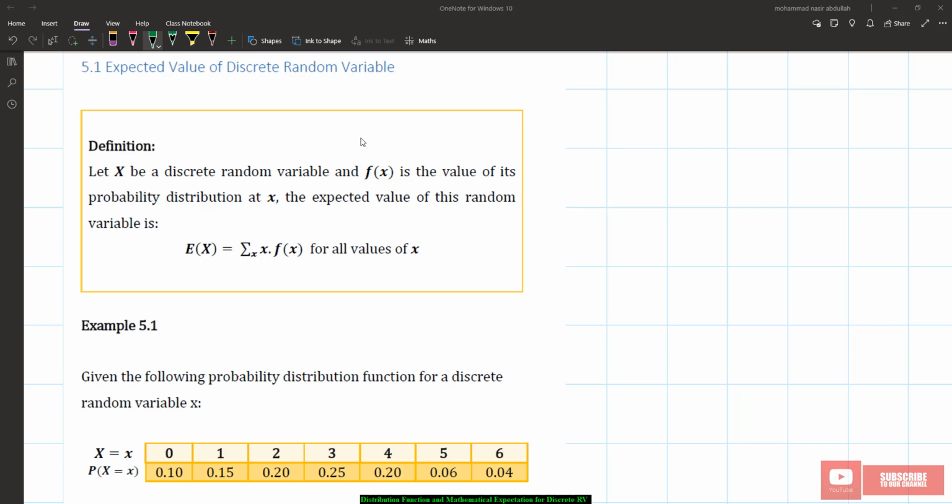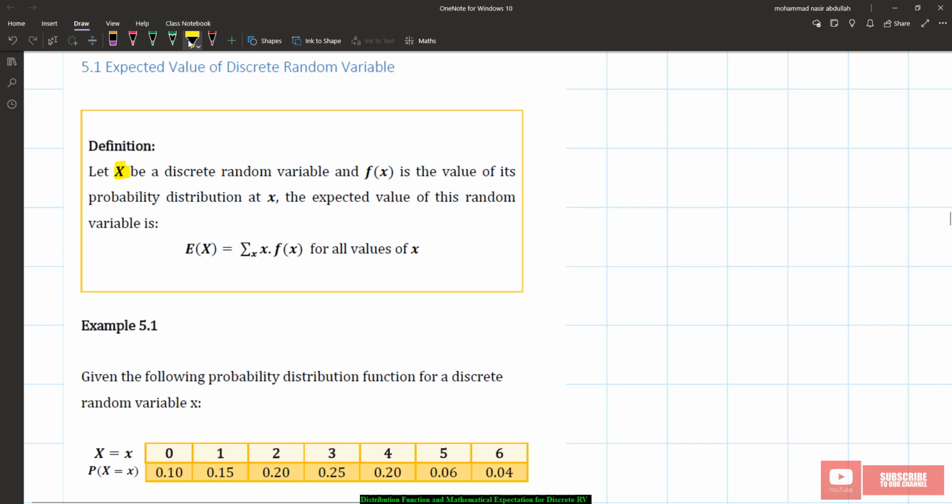Last chapter we calculated the mean and standard deviation based on the frequency table, based on the frequency value. But in this chapter we are going to calculate mean and standard deviation or variance based on the probability value. So now let's look at the definition.